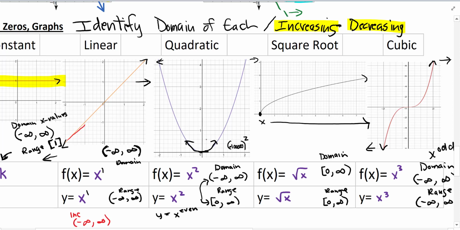Let's look at this right here. Well, as we read left to right to this point right there, so from negative infinity up to 0, it is decreasing. And then now look what happens. Then it switches. It begins to increase.